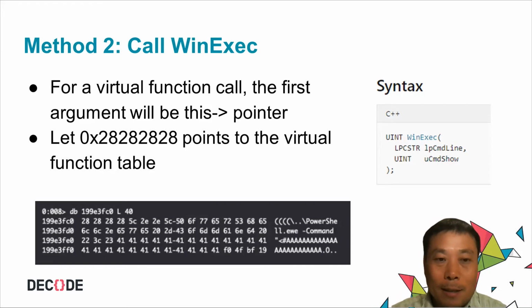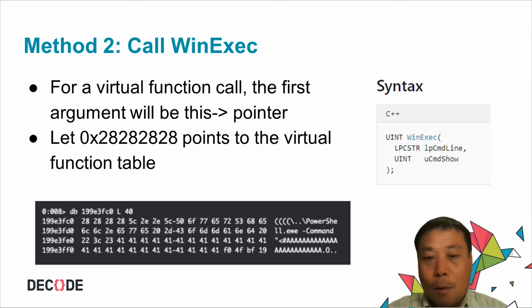So we can use this value 28, 28, 28. It's a valid address, and its meaning is inside the command string. With this method, we don't need to write a shellcode in the heap. We just provide a command string, and inside the shell command, we inject our shellcode there.